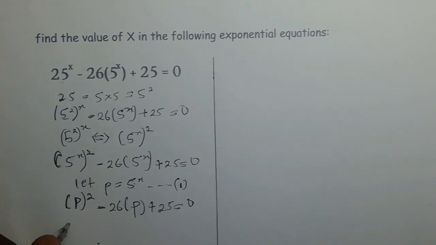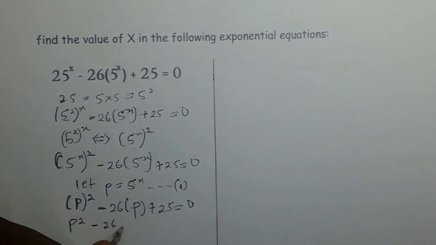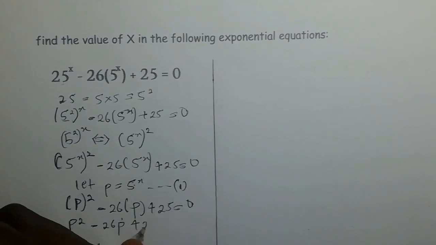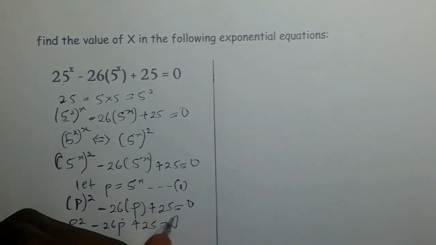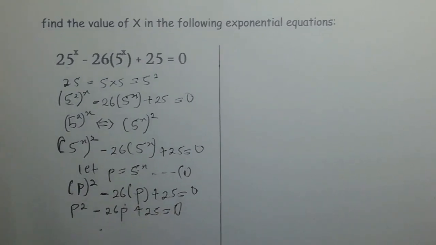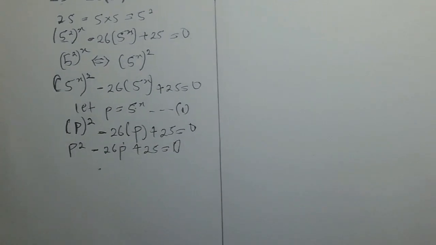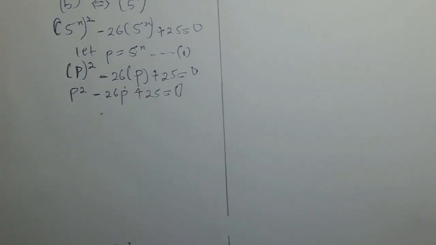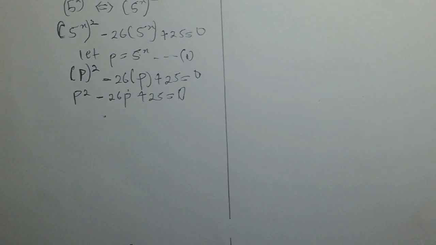So we can clear out the brackets and we'll be left with p² − 26p + 25 = 0. This is a quadratic equation and we can solve it using any of the 4 methods of solving quadratic equations. It might be the factorization method, using the quadratic formula, the graphical method, or completing the square.